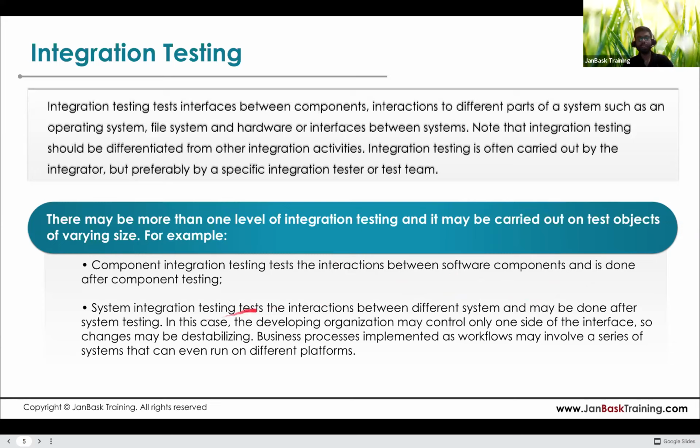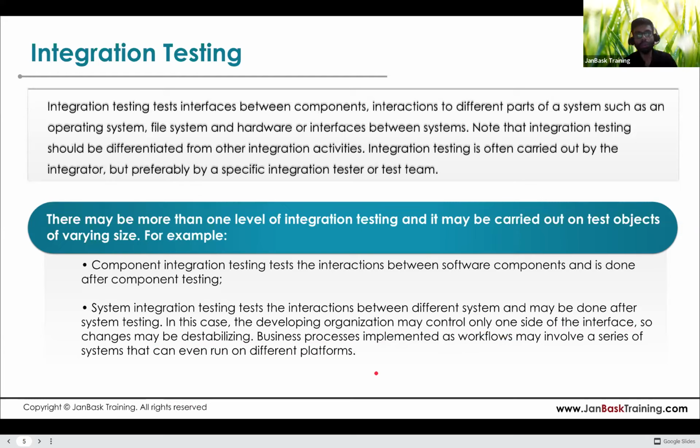System integration testing tests the interaction between different systems and may be done after system testing. In this case, the developing organization may control only one side of the interface, so changes may be destabilizing. Business processes implemented as workflows may involve a series of systems that can even run on different platforms, so you don't need to go into this jargon.